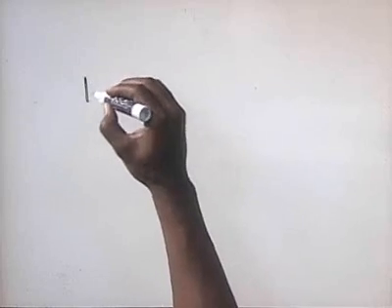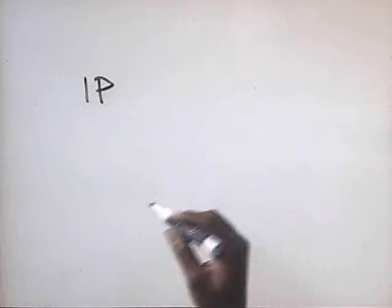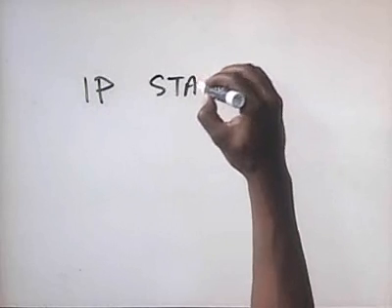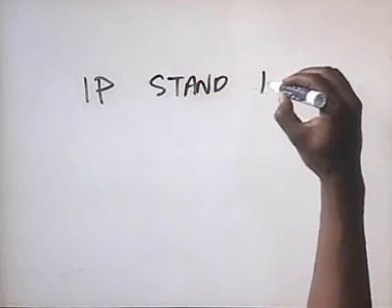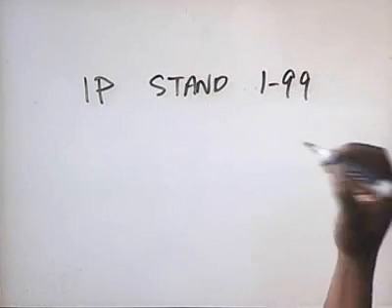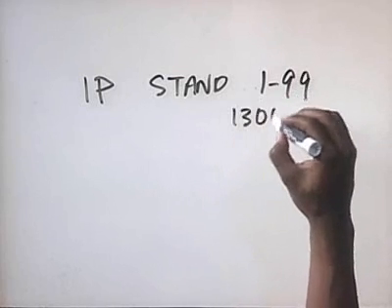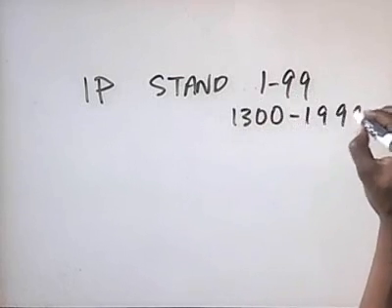Access list numbers are used to specify the protocol that's being used and the type of access list it is, whether it's a standard access list or an extended access list. Let's take a look at the comparison between the different access list numbers. For IP, a standard access list number would be numbers 1 through 99 or 1300 through 1999.